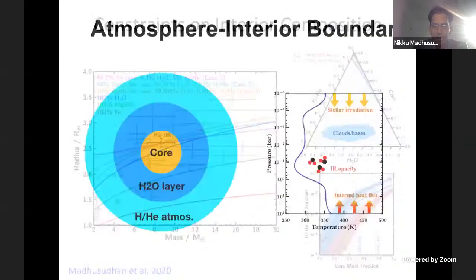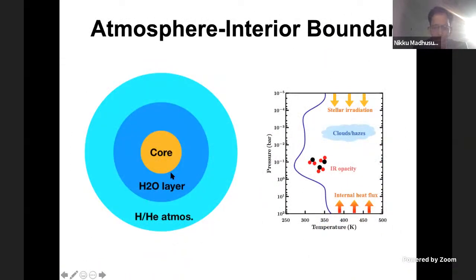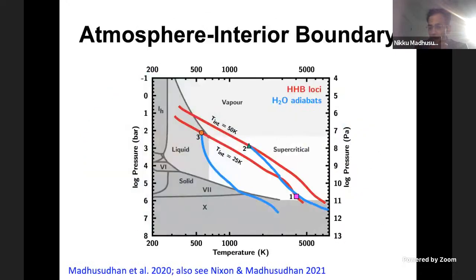I'll take you to this plot to demonstrate that this is the first time we combined an atmospheric and an interior model together, and tried to put constraints on the conditions at the boundary of the atmosphere and interior, using the combination of atmospheric composition and the bulk properties. What we showed is that even though a large number of solutions can explain those observations, a subset of solutions lie in the liquid phase of water. This is just showing the water phase diagram at the atmosphere-interior boundary.